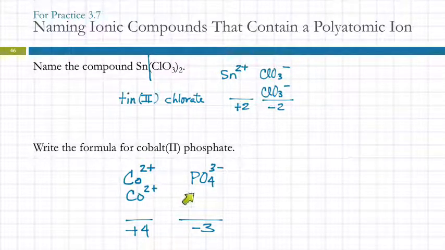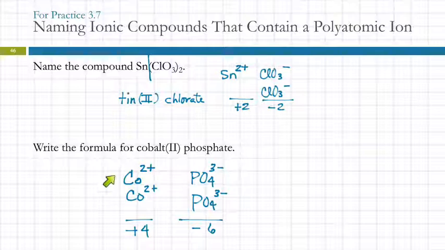So I'll put another phosphate in over here, PO4 3-, and now this is -6. It's just not looking very good, is it? Going round in circles. Well, let's add another one over here. Just keep going. 2+, and finally, +6. 6 is the least common multiple of 2 and 3.